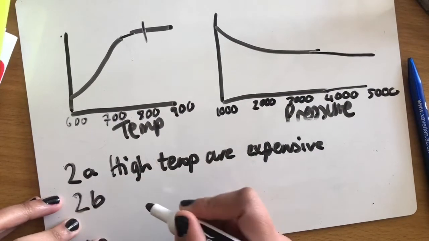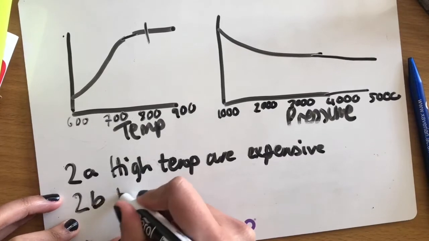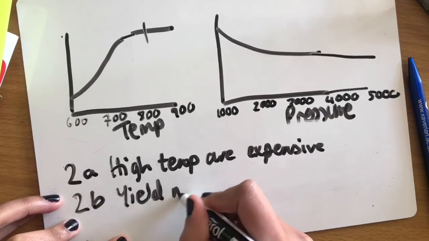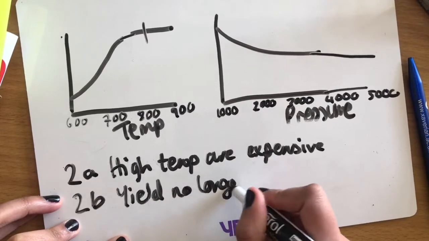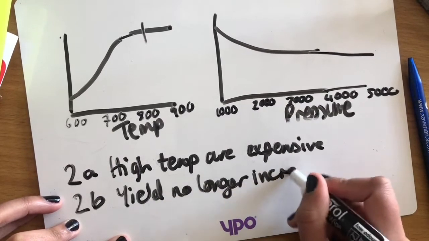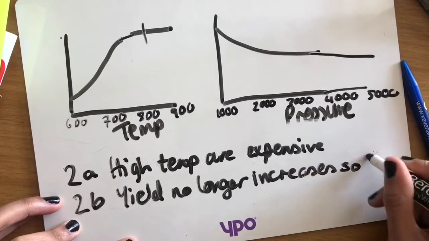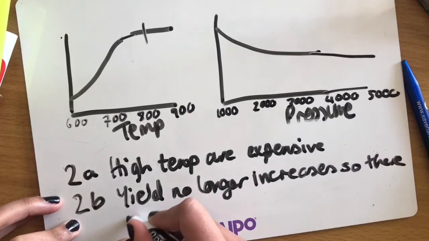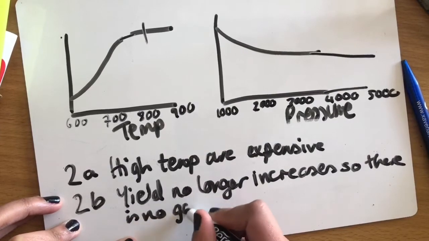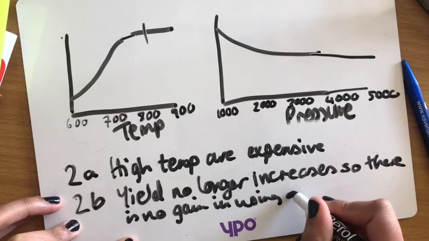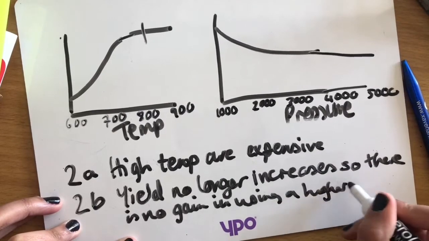So point 2B was for stating the yield no longer increases. So there's no gain in using a higher temp.